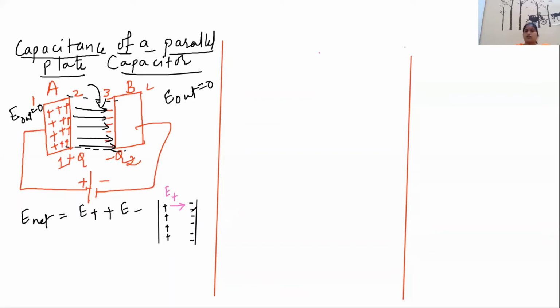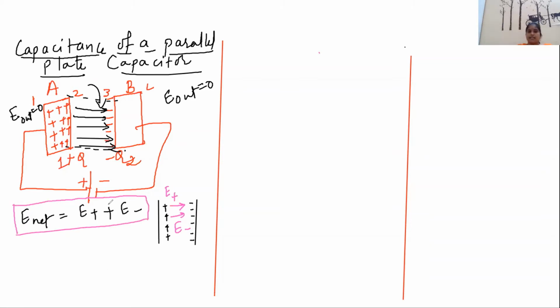This is the negative charge. Electric field lines move away from the positive charge, whereas they move towards the negative charge, so for the negative charge also the field is in the same direction. Hence the net electric field is given by this formula, by the principle of superposition.